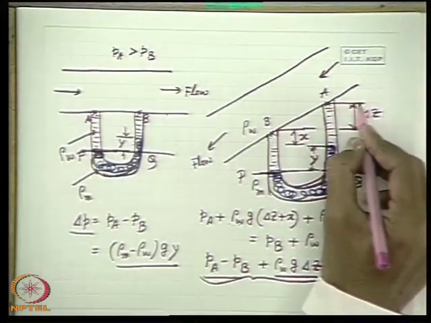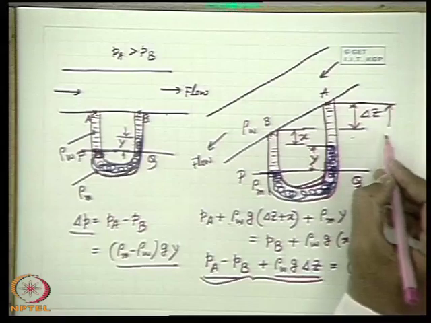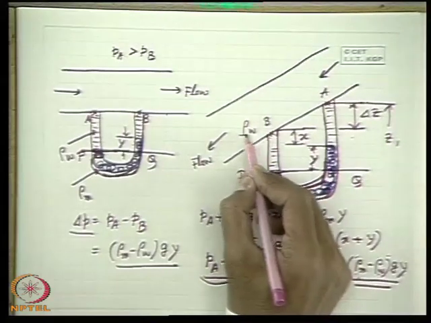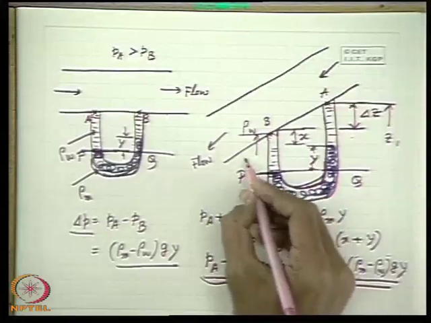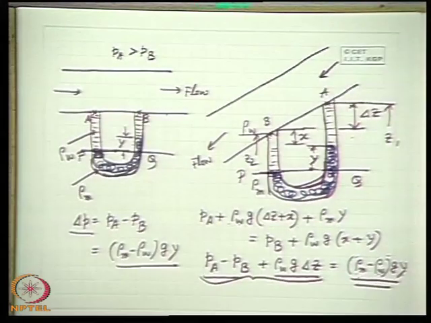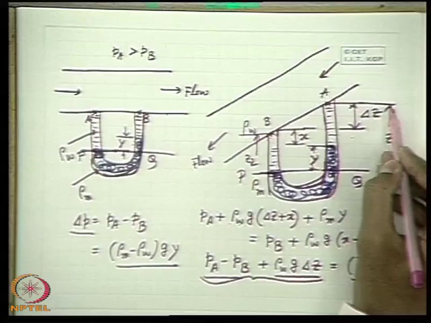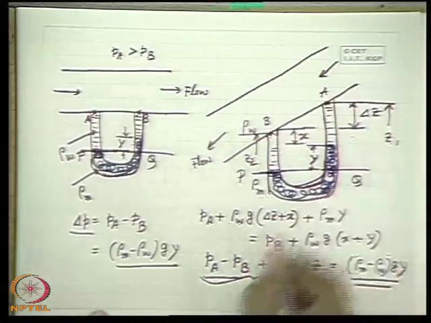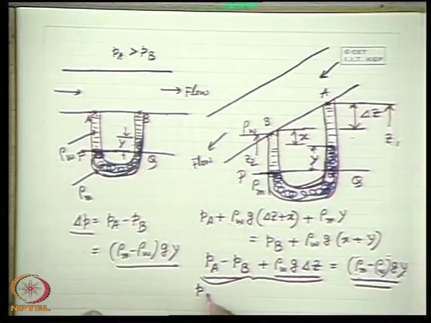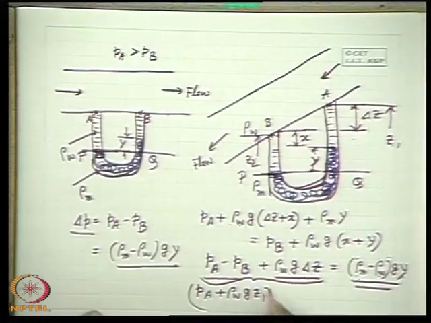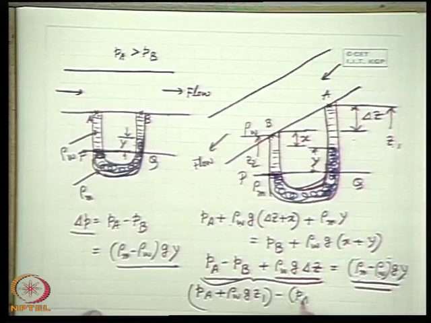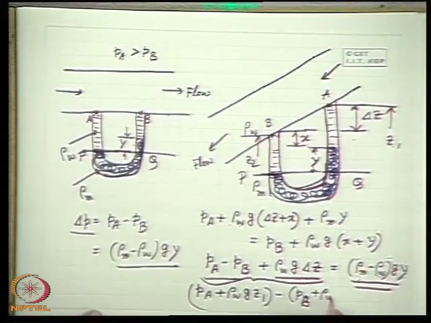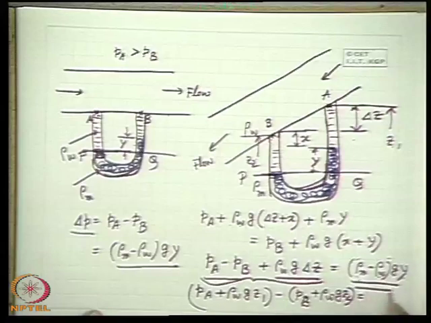Now if I express the vertical elevation of A and B, this we will come afterwards in our course, from a reference datum, from any reference datum, if I just specify the elevation of A as Z1 and elevation of B as Z2, then I can write this as PA plus rho W g Z1, this quantity, minus PB plus rho W g Z2, is equal to this one, rho M minus rho W, this one will come like that.